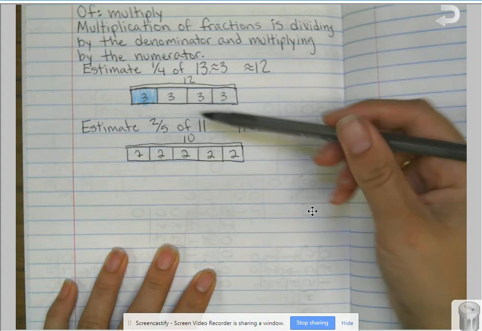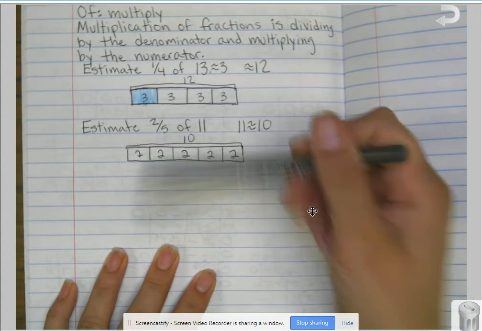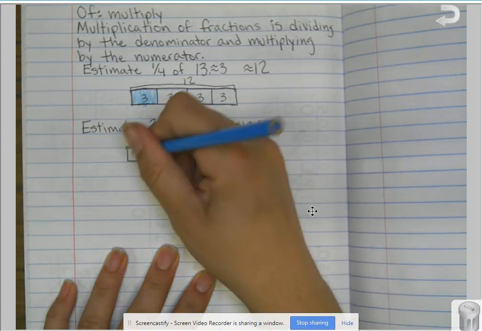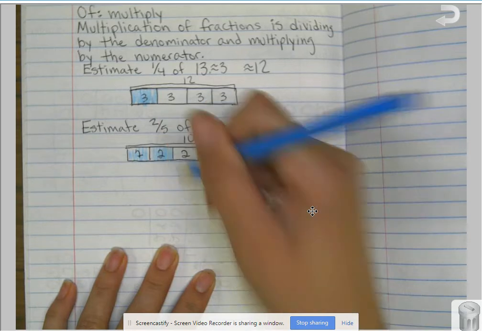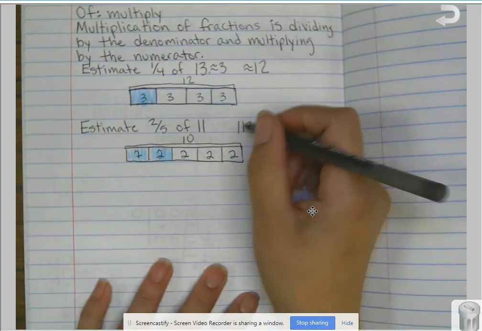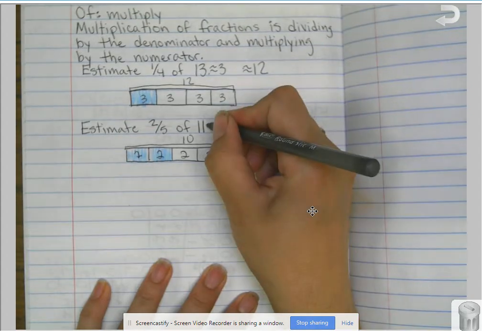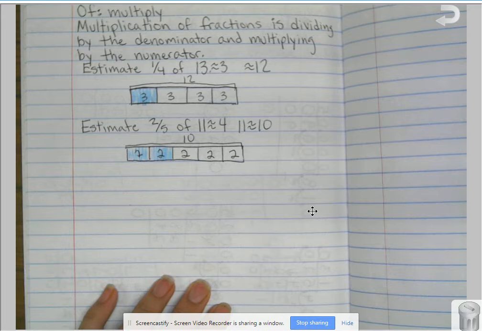Okay, so if I divide by 5, I get 2, but I want 2 of those groups. So 2/5 of 11, but we estimated to 10, is about 4. So my estimate is about 4, 2 of those groups.